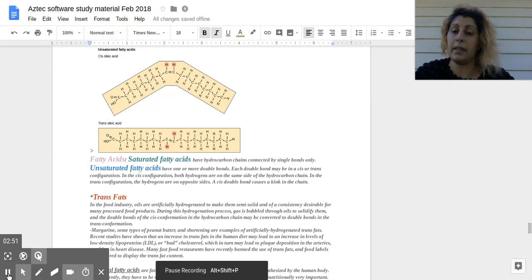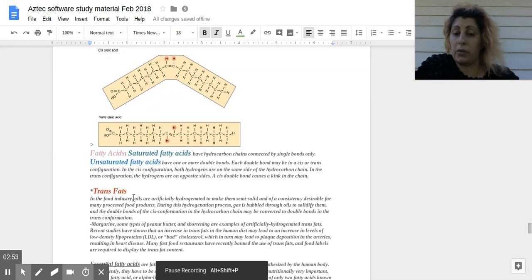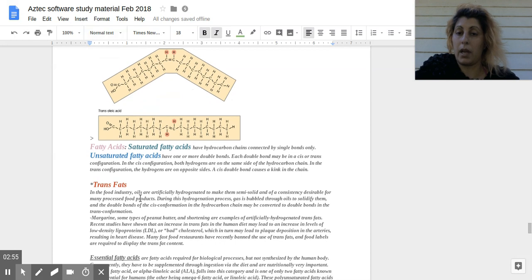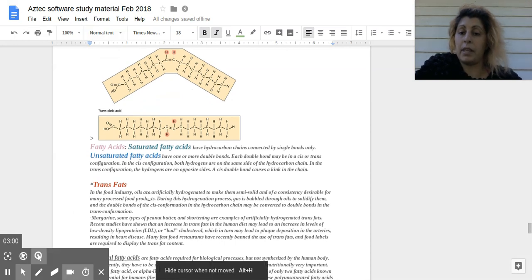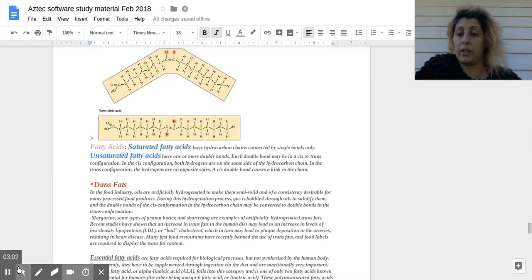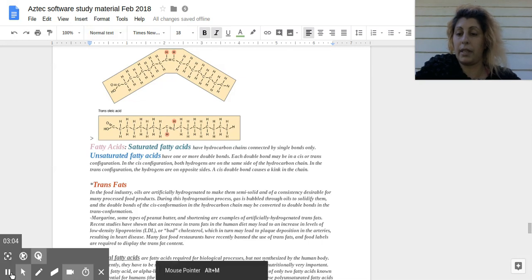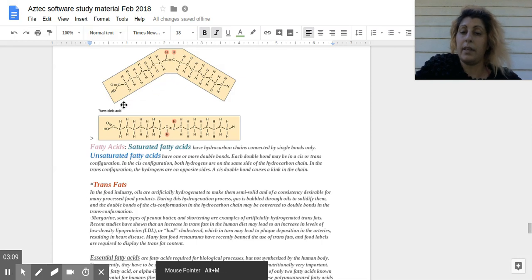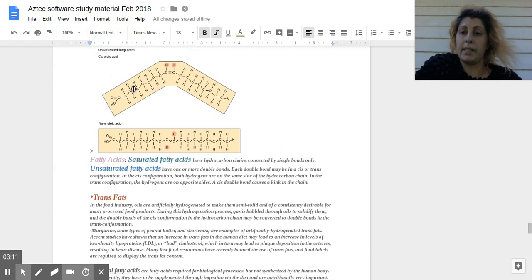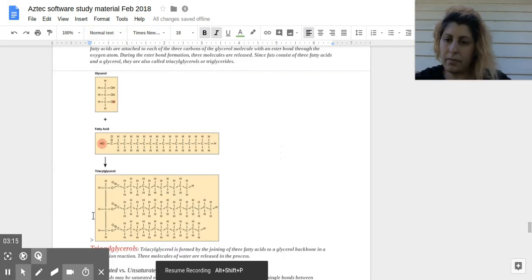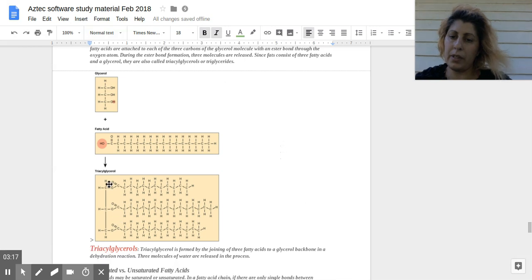So trans fats are used to a certain extent, even though too much of it can clog arteries since they're a little more rigid and solid, unlike cis unsaturated fatty acids.